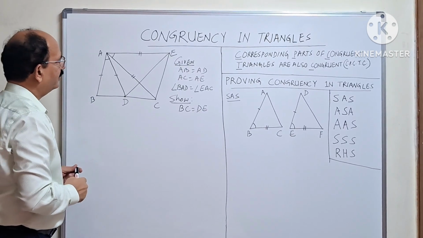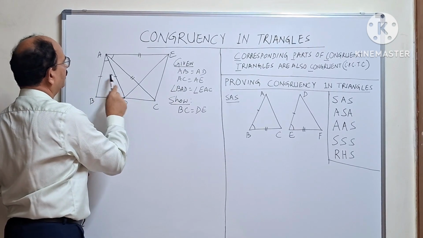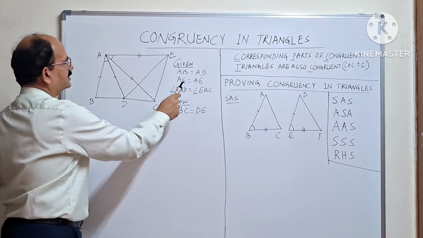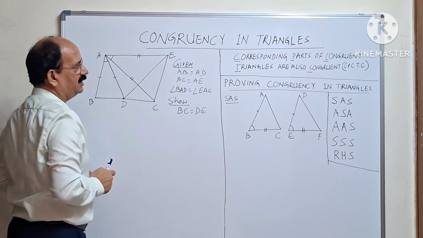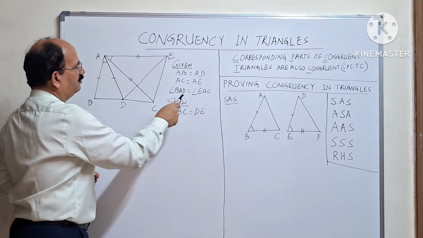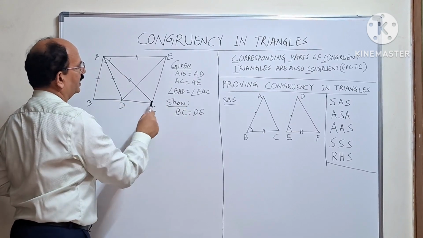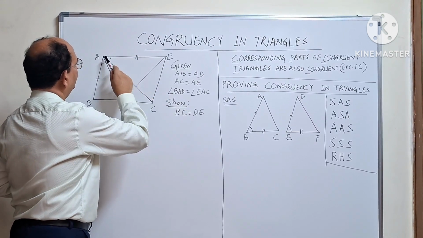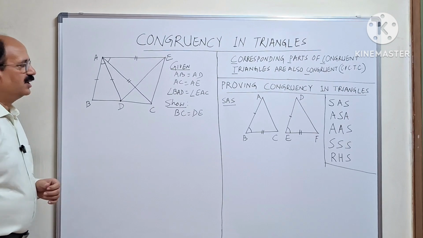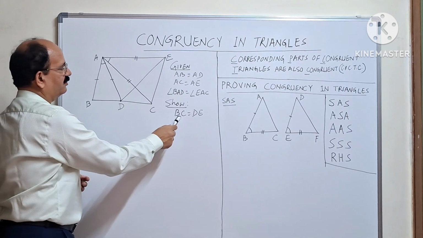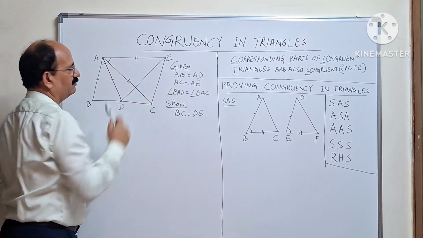Now what is given here is AB is equal to AD, this side is equal to this side. AC is equal to AE. And angle BAD is equal to angle EAC. These two angles are equal. Now we have to prove that BC, this side, is equal to DE.